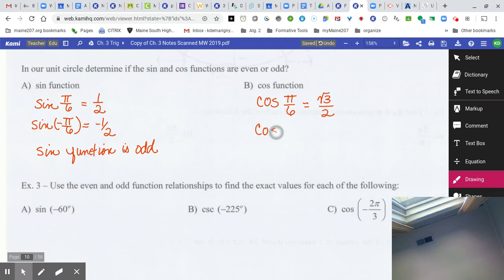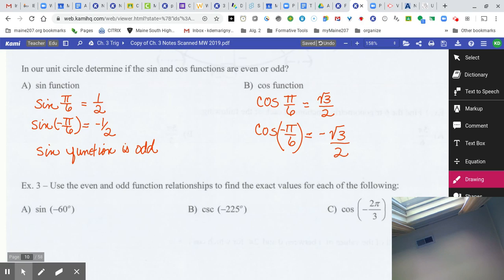And then I need to check its negative value. I'm sorry, that's not true.